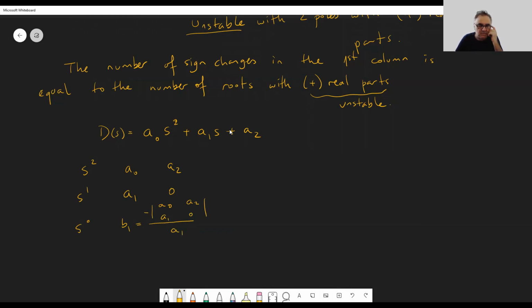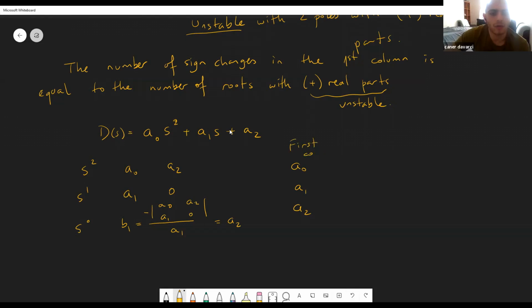The minus cancels. This is A2, right? So the first column is A0, A1, and A2. Isn't it A2 then A0 in the S squared part? Sorry, okay, I get it.